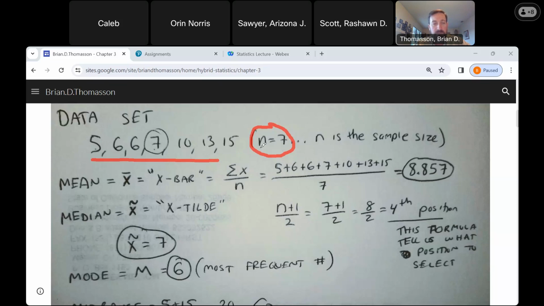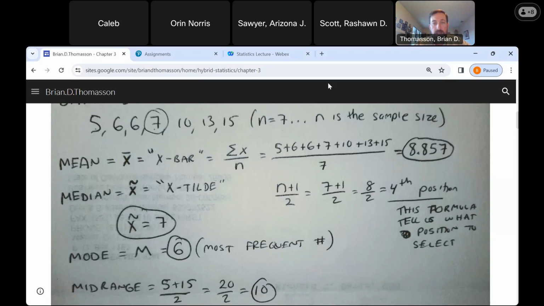We'll use that throughout the course. The mean we're going to denote by this extra little bar on top, which I'll call x bar for obvious reasons. What we do there is we sum up all the x values. That's what this capital sigma x means. That just means add up all the values. So the 5, 6, 6, 7, 10, 13, 15, divide by 7, which is the number of items we have.